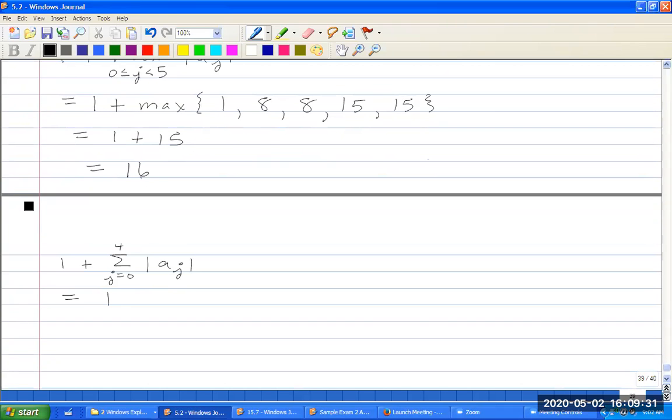So now let's do, so this would be 1 plus, well, let's add these all up. And so this is just going to be 1 plus 8 plus 8 plus 15 plus 15.